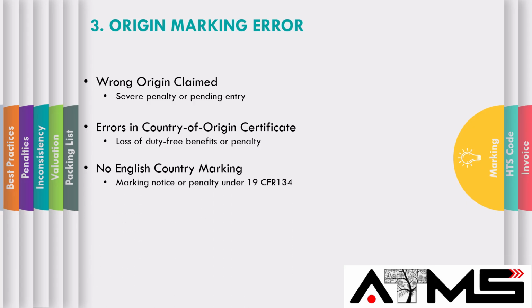Even if the origin is correct, failure to mark it in English violates 19 CFR 134 and may result in fines or corrective orders. If goods are repacked without remarking the origin, CBP may order remarking or impose a fine.